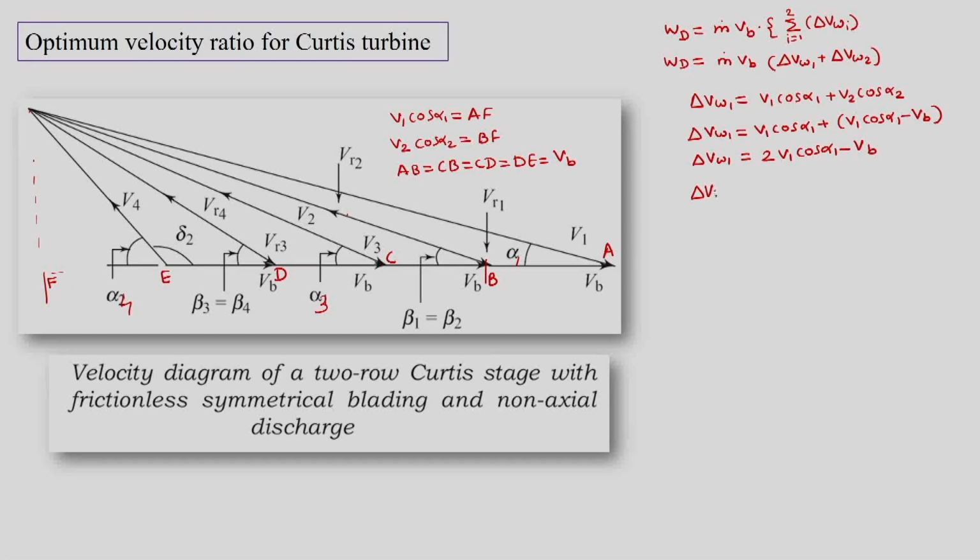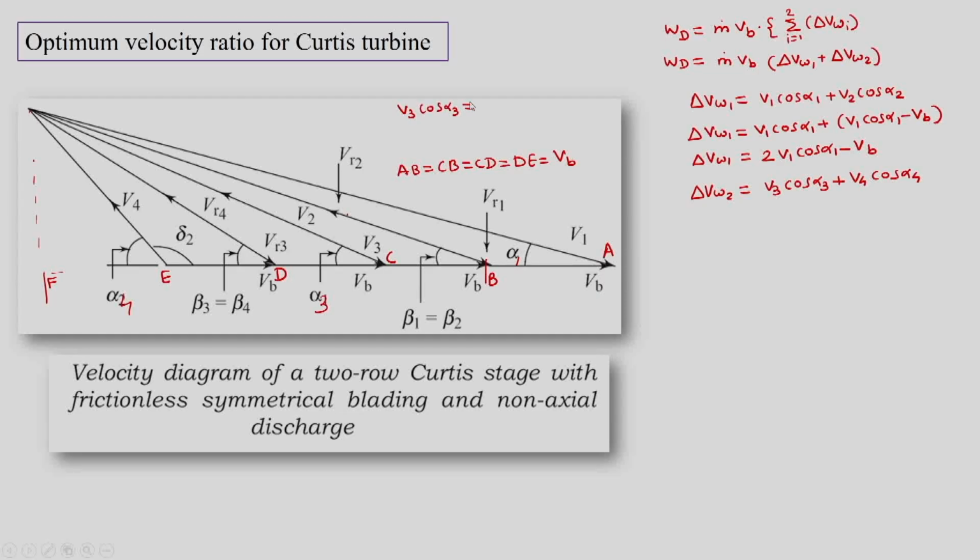Similarly, we can write down delta Vw2, which is equal to V3 cos alpha 3 plus V4 cos alpha 4.